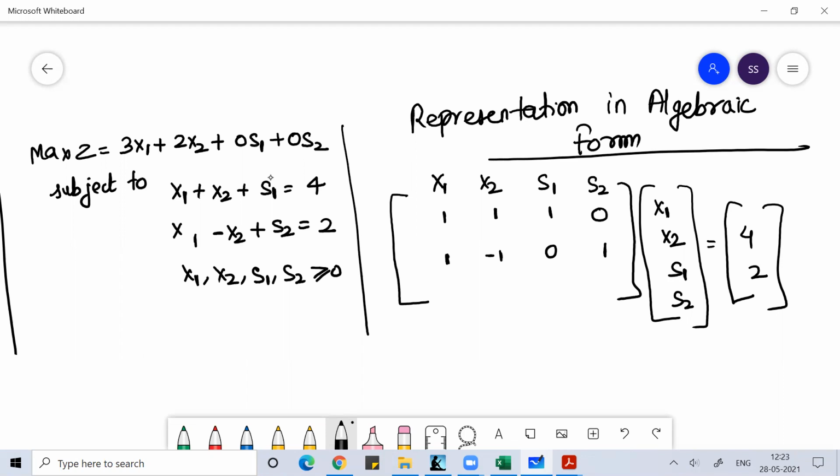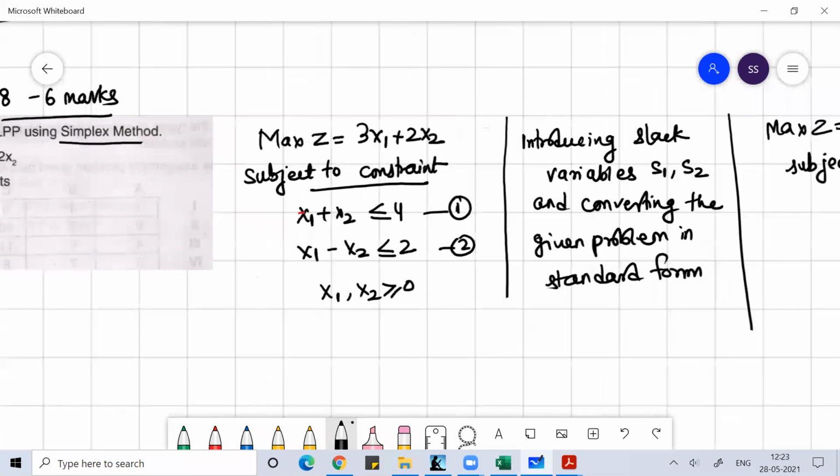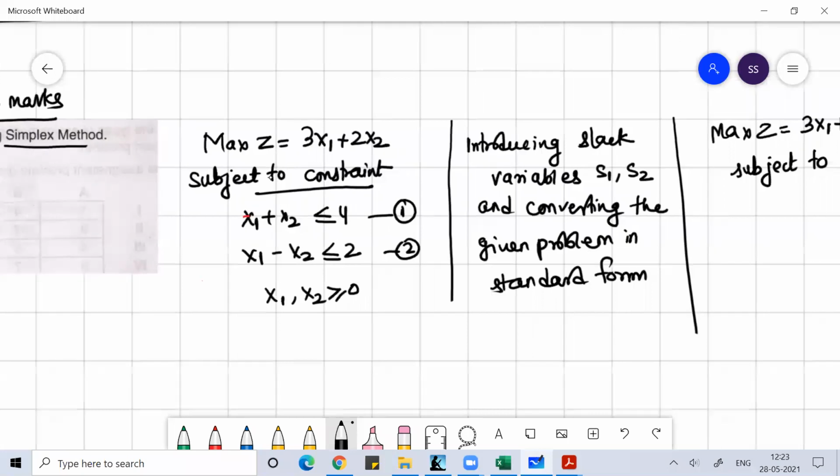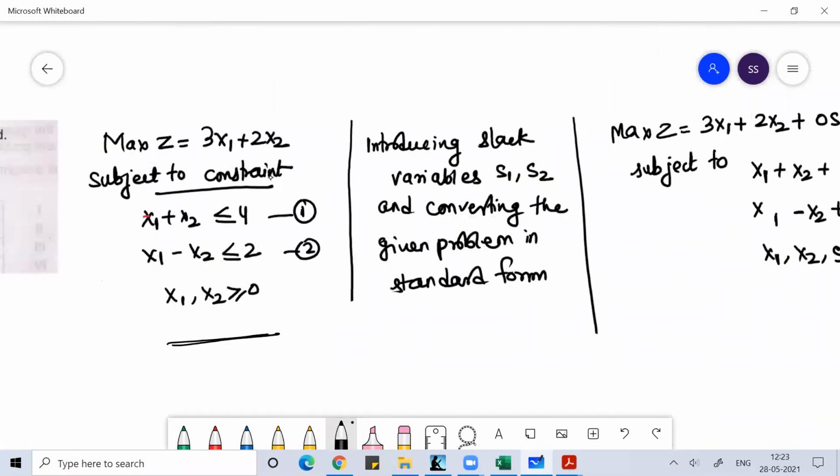Algebraic spelling can be wrong, you correct it if it's wrong. Okay, so we write them in algebraic form. Clear everyone? So this was your actual question.